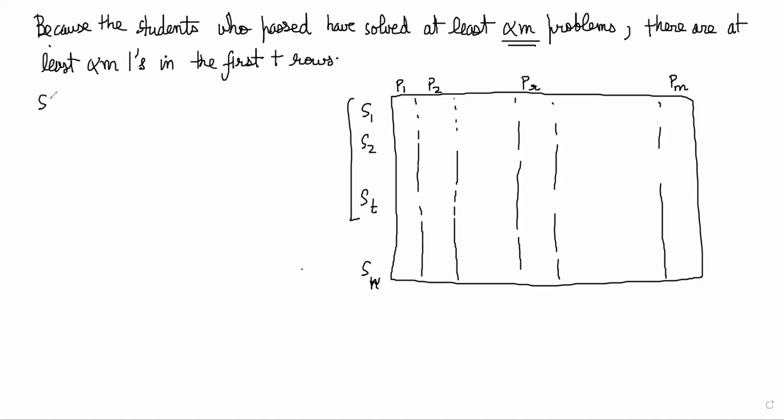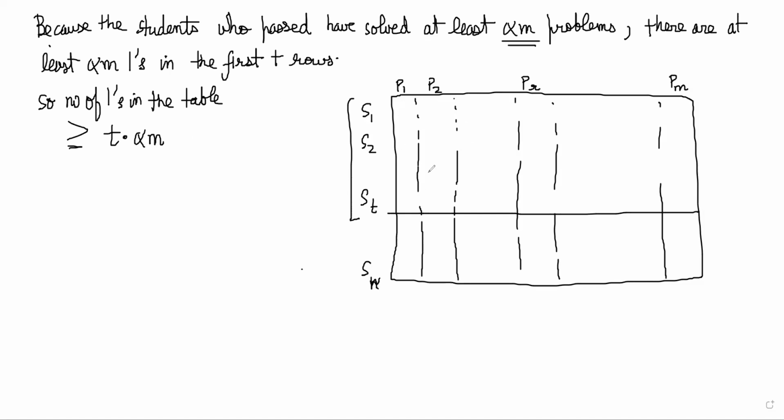So the number of ones in the table is greater than or equal to t times alpha m, right? Obviously, these are the number of ones that appear in this section of the table, for the first t rows, at least this many ones. Now, in the problem it has been said that the number of students who passed, t, is greater than or equal to alpha n.